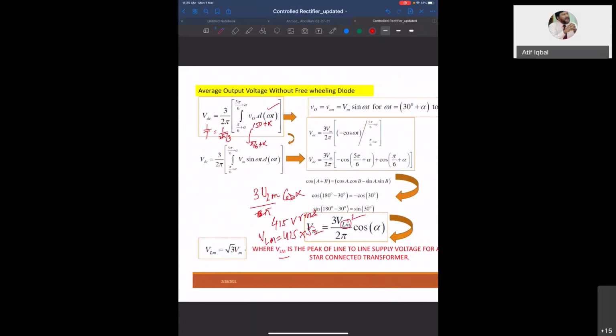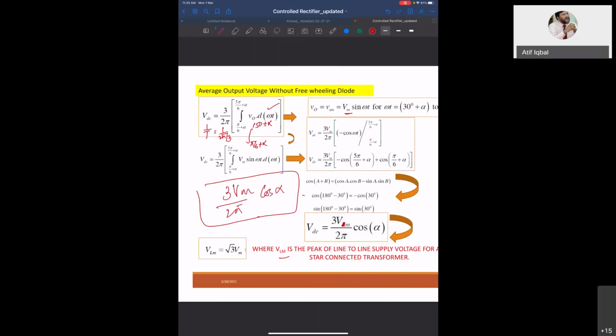You're right. Because you see, this is VM, and it will not be line, because this is a half-wave rectifier. So in the half-wave rectifier, we do not get line voltage. We only obtain output as phase voltage. So it should be the peak of the phase: 3 into VM upon 2 pi into cos alpha. This should be the answer.